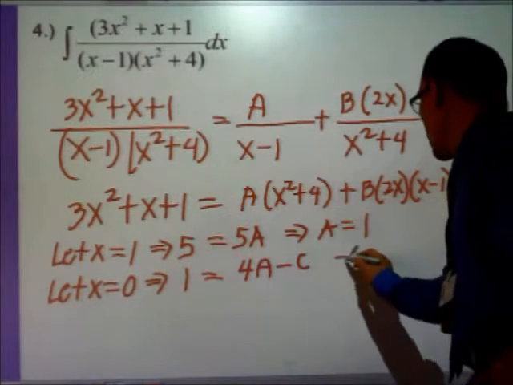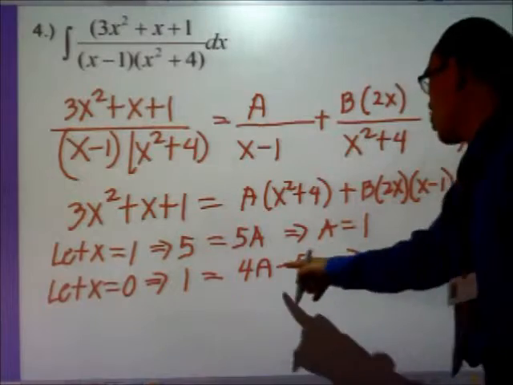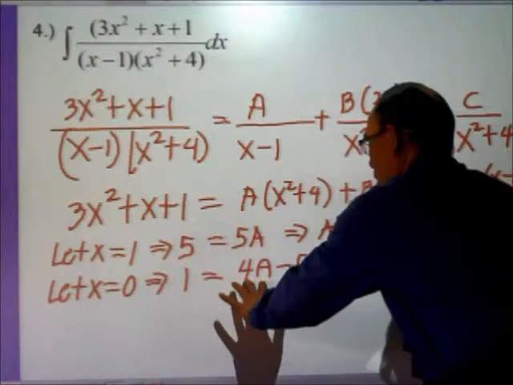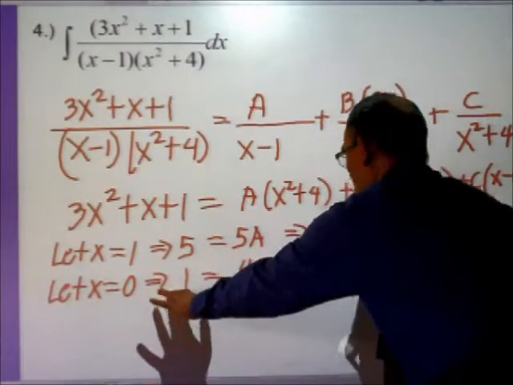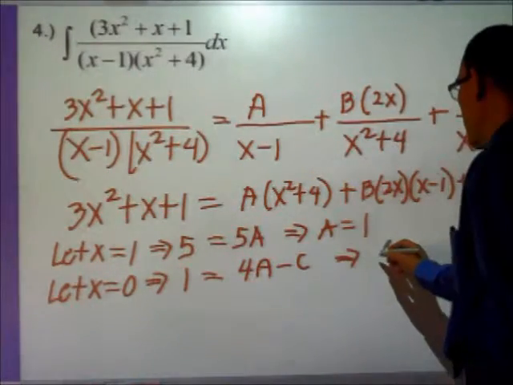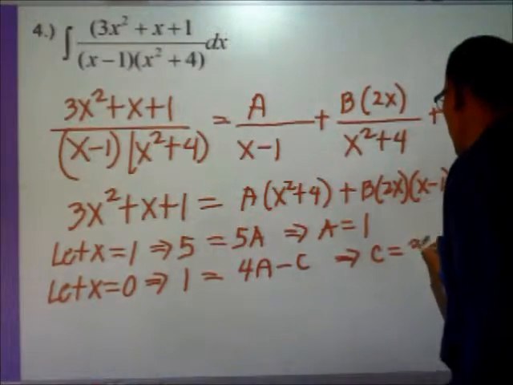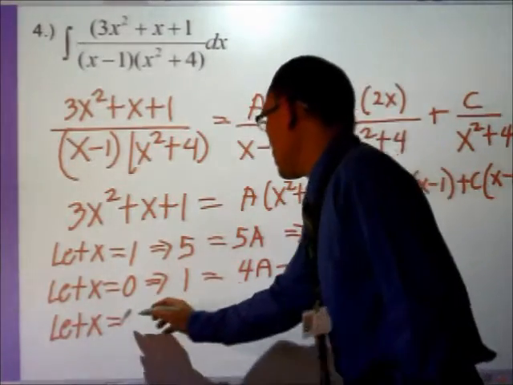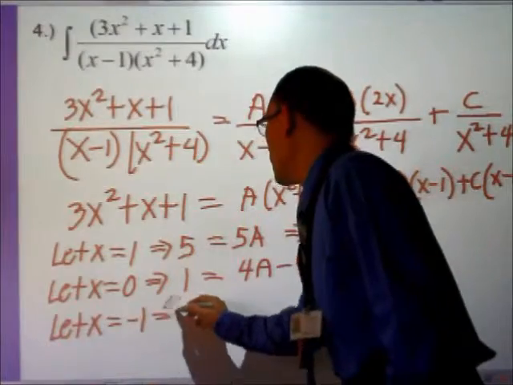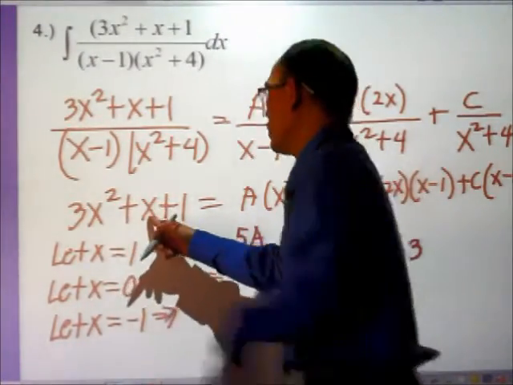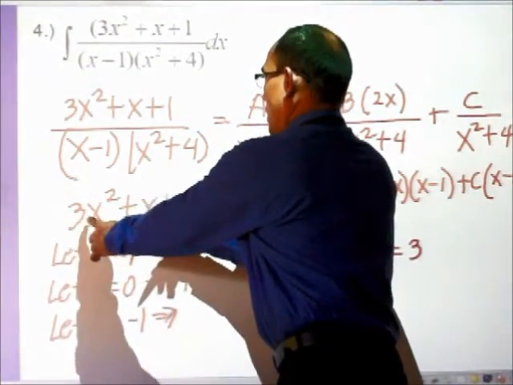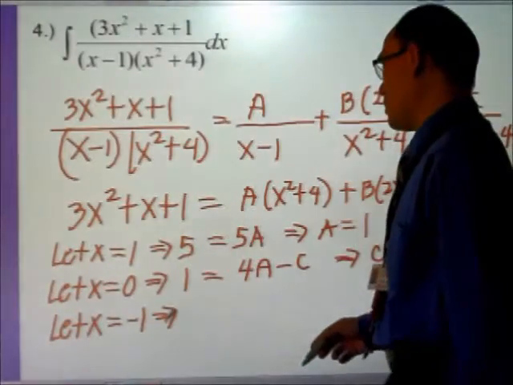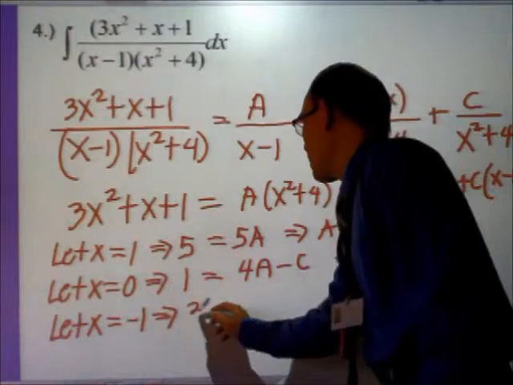And we know that a is just 1, so that is 4 minus 4 times 1, negative 3, that's c equals 3. How about the b? I think I can use negative 1. Negative 1, that is 3 minus 1 is 2, plus 1 is still 3.